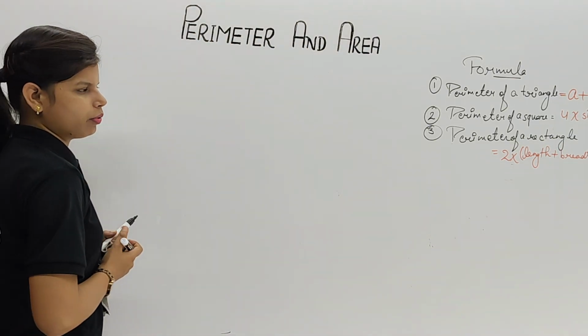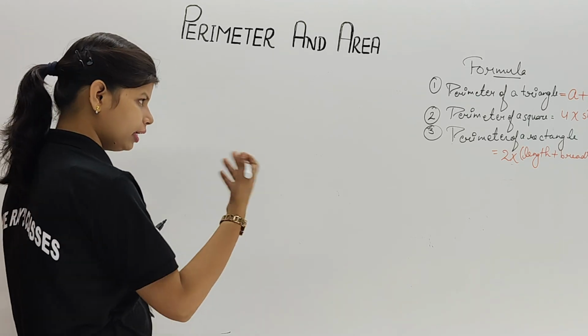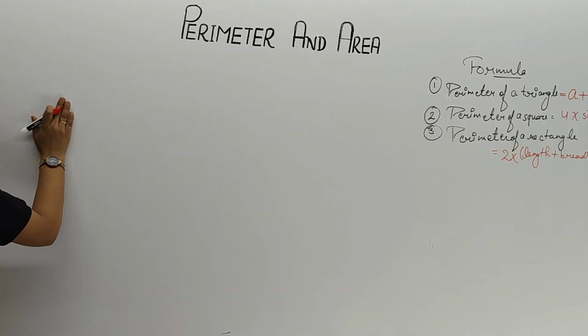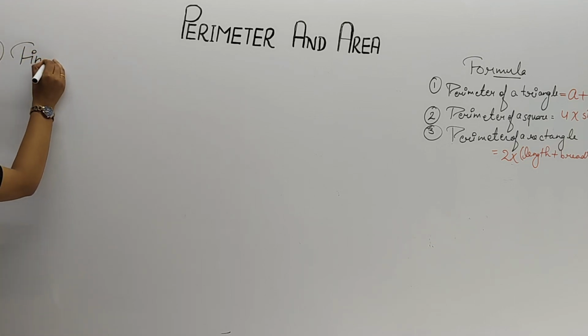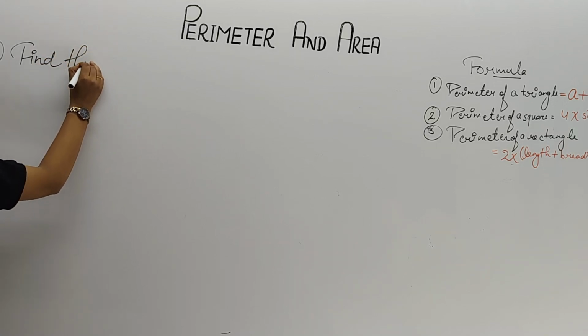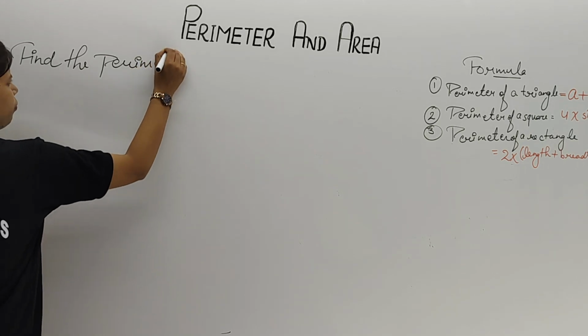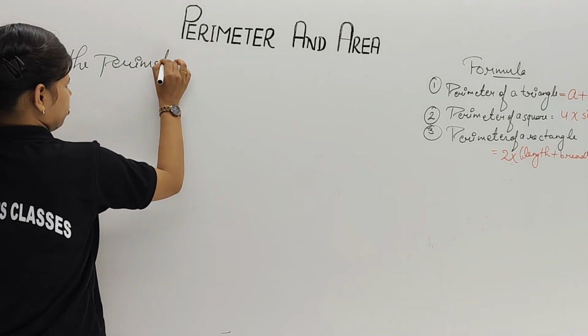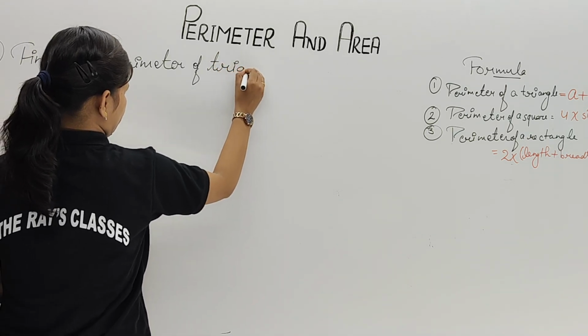So that is the formula we are going to preserve so that we can have the discussions on numericals as well. Like the first problem which we are going to discuss here will be your first one. Find the perimeter of triangle.